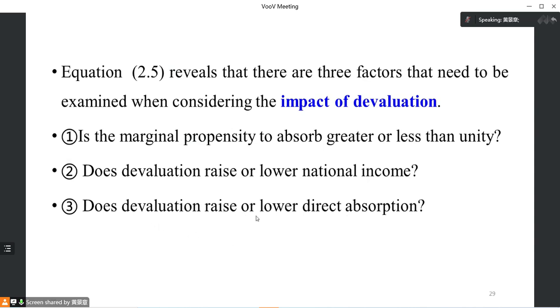Third, does devaluation raise or lower direct absorption? These are the 3 factors affecting the impact of devaluation.